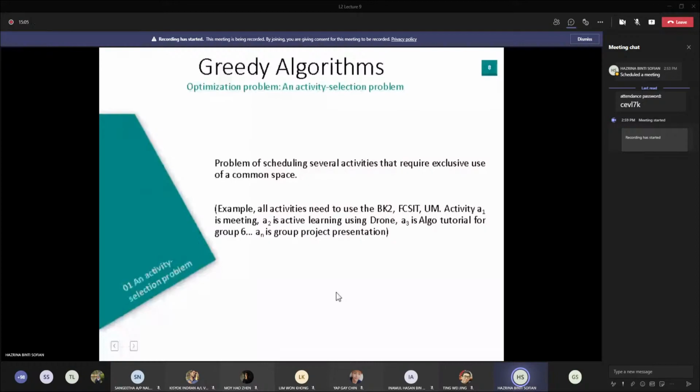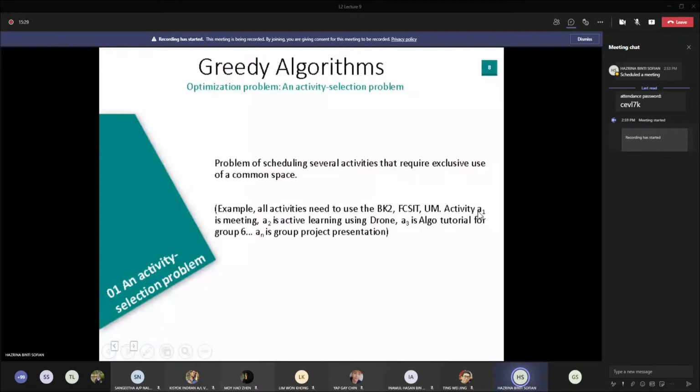The problem is scheduling several activities that require exclusive use of a common space. For example, if you still remember our faculty, all activities need to use the BK2 at our faculty in UM.